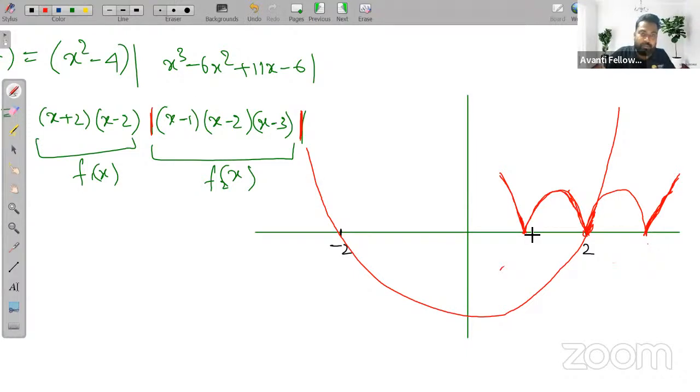One point is 1 and another point is 3. The yellowish points are my sharp points, and we know at sharp points the function is not differentiable. The first function is differentiable everywhere, but f2(x) has 2 sharp points.